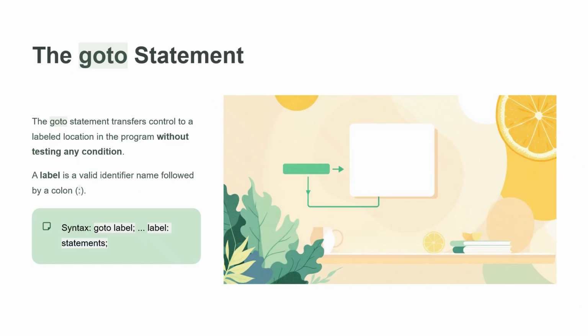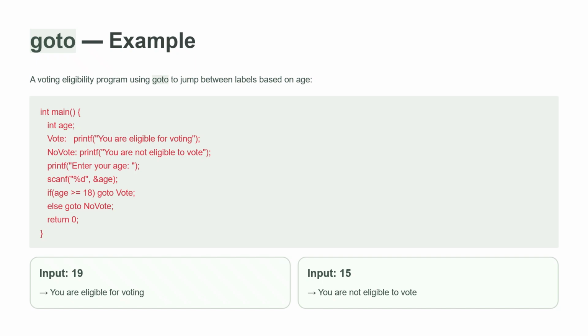The goto statement requires a label to identify the place to move the execution. A label is a valid identifier.